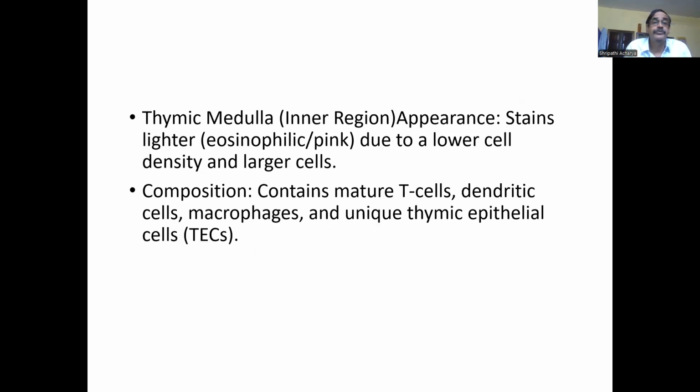Thymic medulla, inner region. Appearance: stains lighter, eosinophilic or pink due to a lower cell density and larger cells. Composition: contains mature T cells, dendritic cells, macrophages, and unique thymic epithelial cells, TECs.